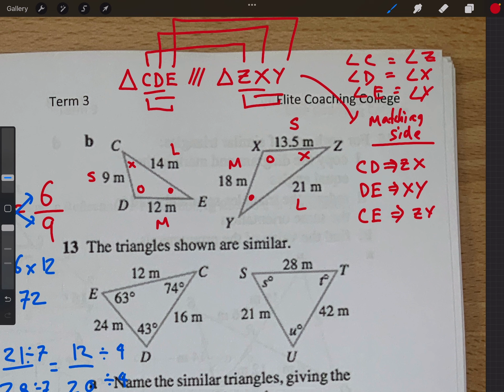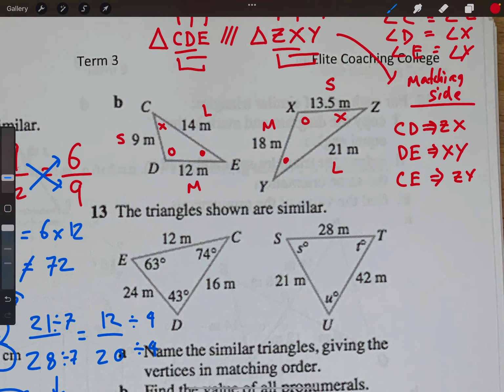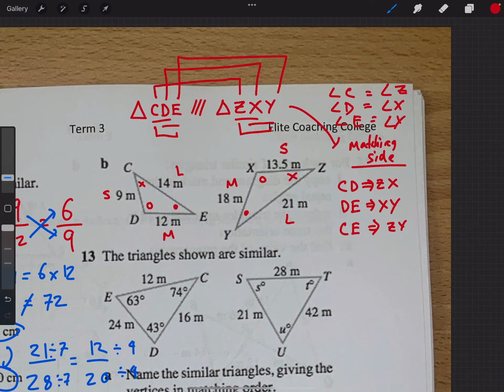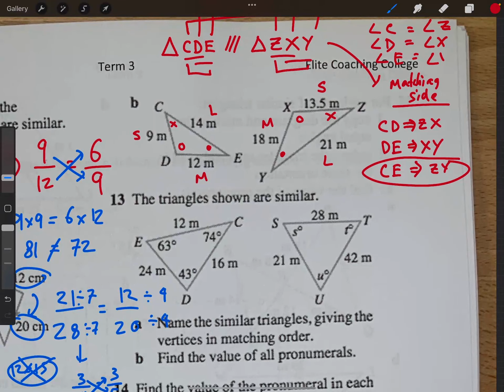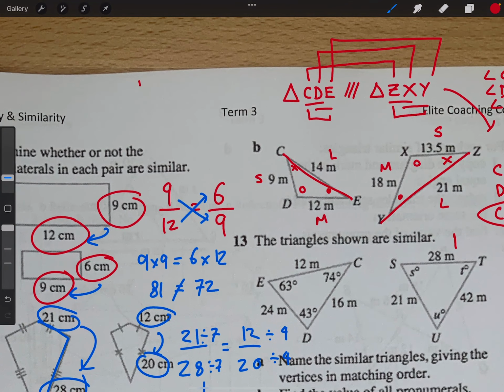Done. And to find the scale factor, you just have to compare the lengths. You can do any length. Let's look at this one, CE and ZY. CE is 14, ZY is 21. So I'm going to write up here 14, and somehow it's going to equal 21.